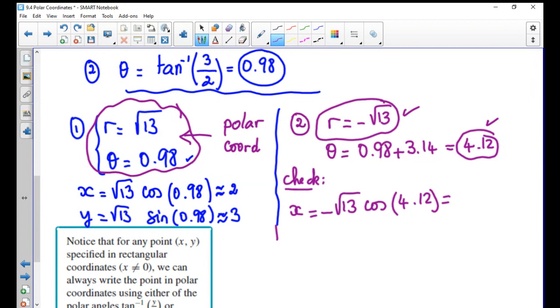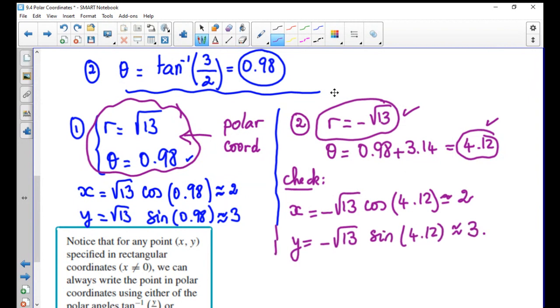It should give you something very close to 2. And y is minus square root of 13 sine 4.12, very close to 3.